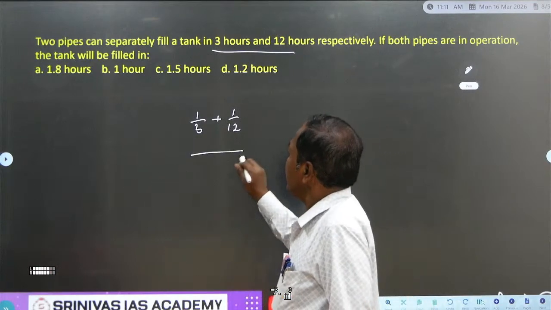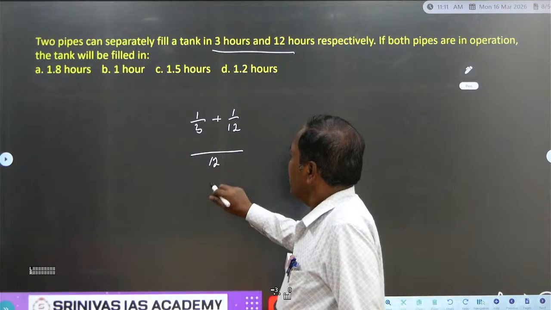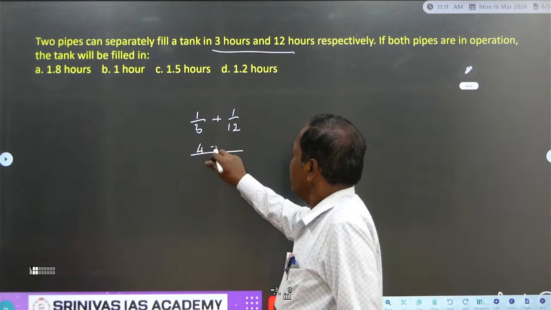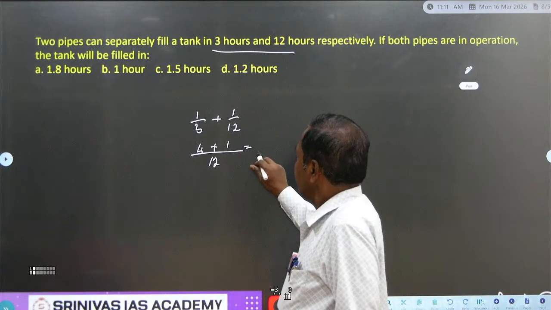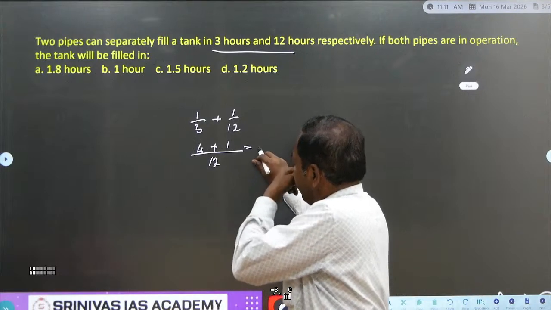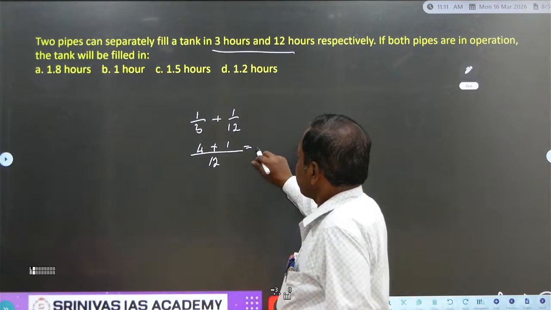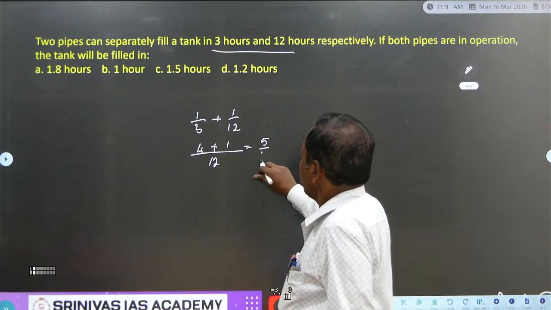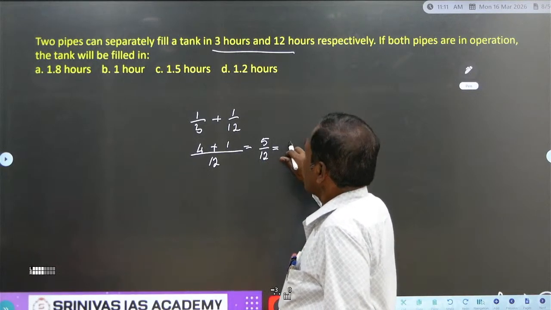And the LCM of 3 and 12 is 12. 3, 4, 1, so 5 by 12.